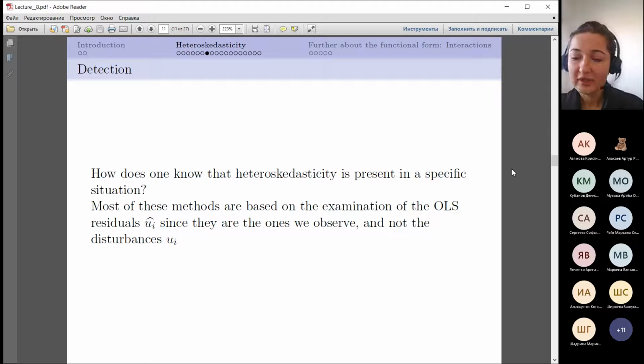So all these formal methods plus your intuition could help you to detect and solve the problem of heteroscedasticity as well as the problem of multicollinearity, okay?